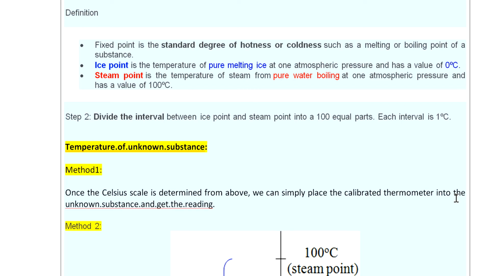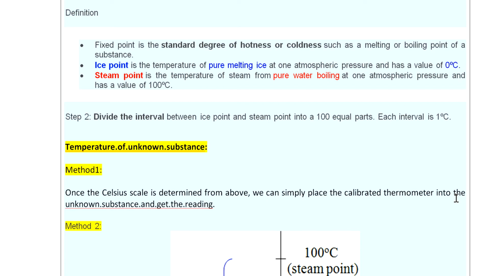Why is atmospheric pressure 1 atm? Because we keep the atmospheric pressure constant so that it does not affect our measurement of the temperature. Now the steam point is the temperature of steam from pure water boiling at 1 atmospheric pressure and has a value of 100 degrees Celsius.